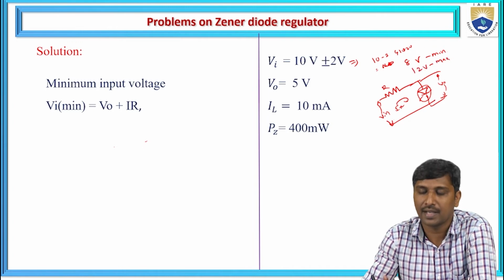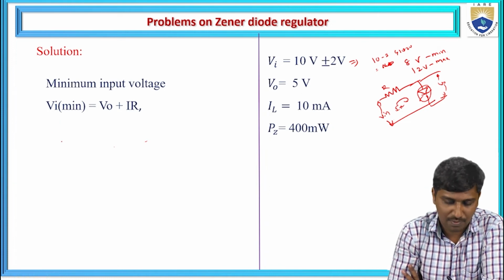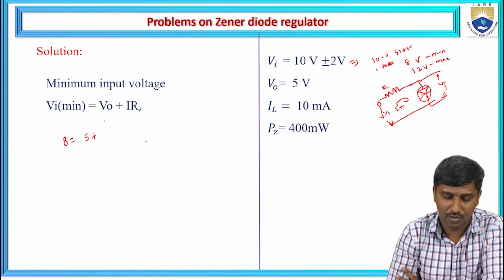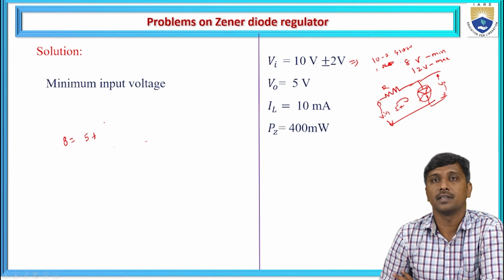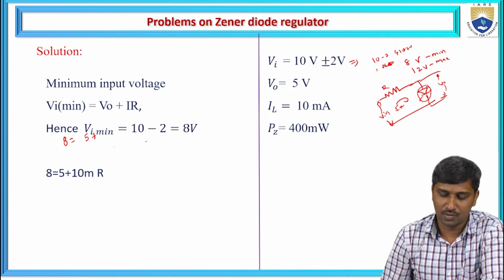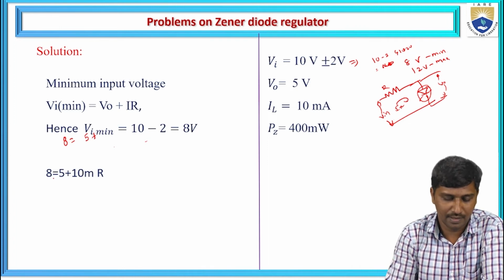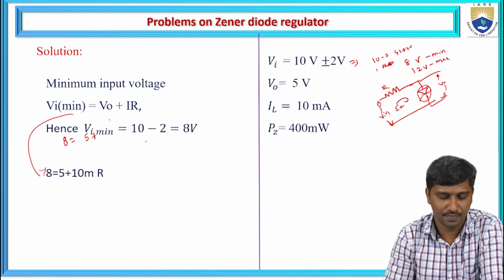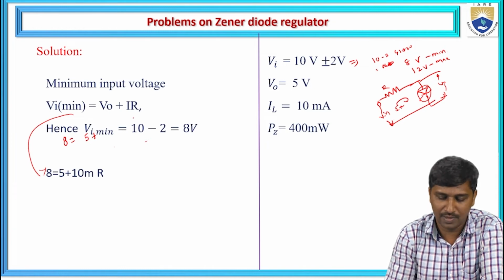Now here I am going to substitute the minimum: 8 equals V0, which is 5 volts, plus I into R. So VI minimum is 8 volts, and V naught is 5 volts. And what is I? That is 10 milliamperes, the load current.